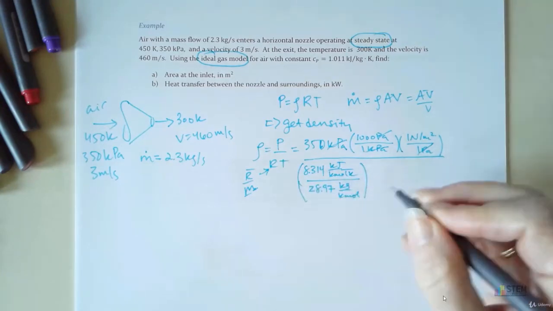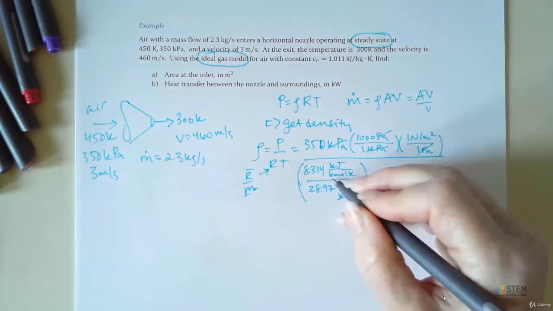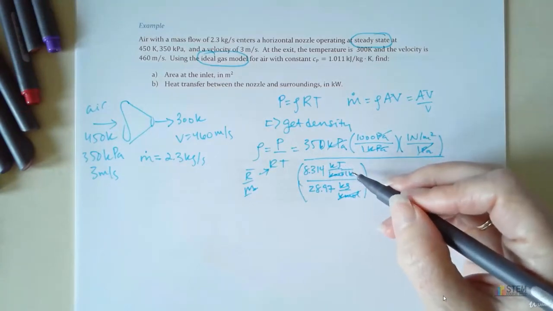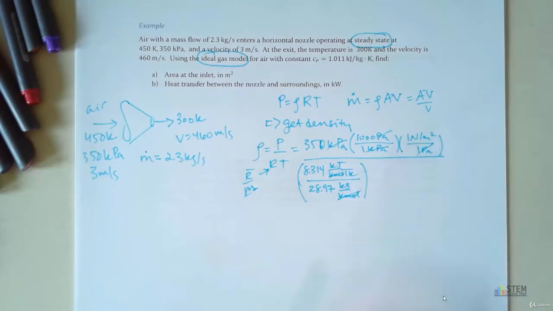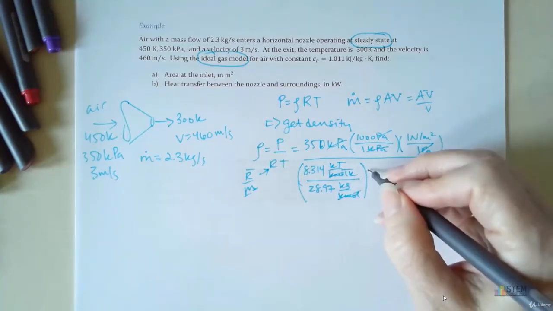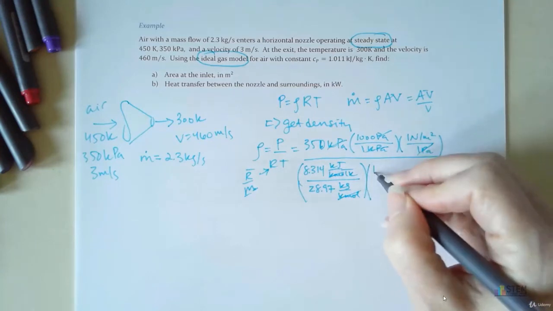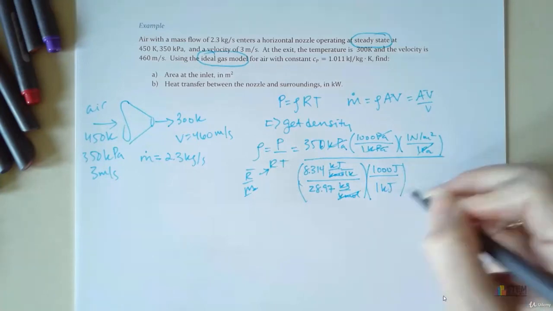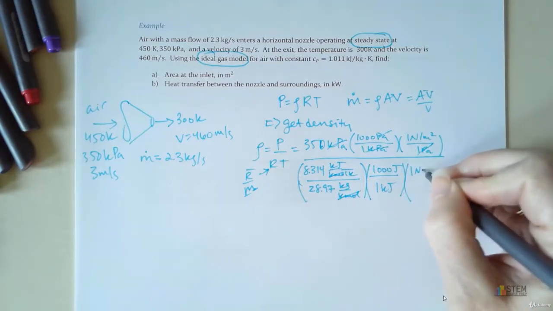Now that gets rid of moles. Now we are left with kilojoules per kilogram Kelvin. Let's get rid of the kilojoules. We don't want kilojoules in there. So let's convert over to joules first, and then from joules to Newton meters.